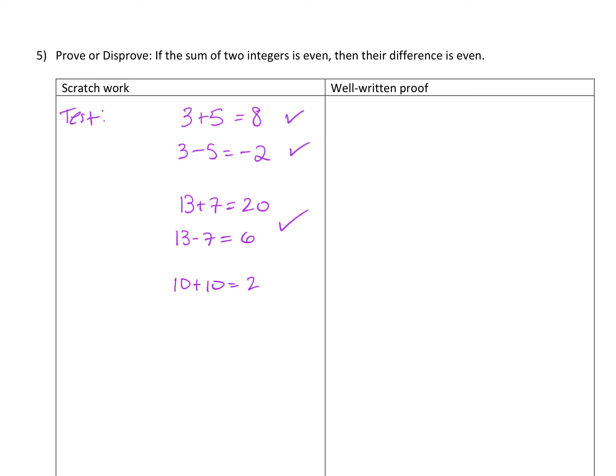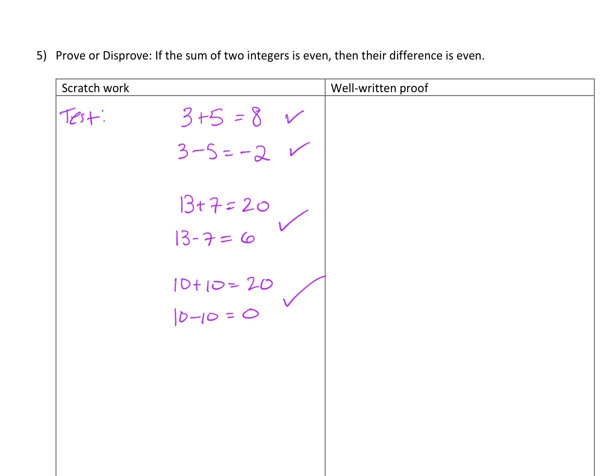I add those together and I get 20. And when I take their difference, 10 minus 10 is 0, which is even. We established that in a previous lesson. Okay, so I'm pretty convinced that if the sum is even, then the difference is even.